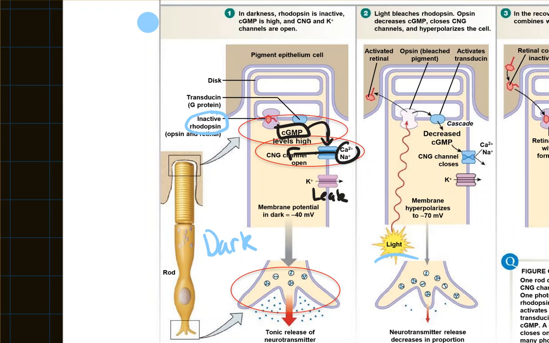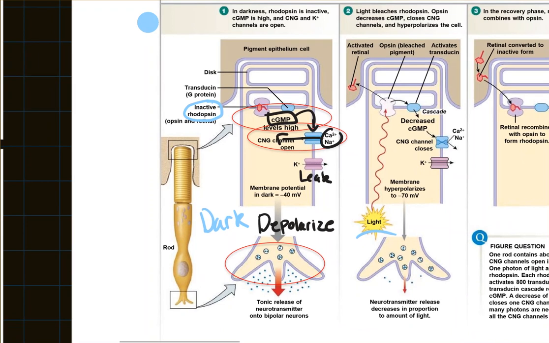Potassium will naturally and slowly leak out of the cell, but when the CNG channels open, the influx of calcium and sodium is faster than the efflux of potassium, and the net result is depolarization. And again, this is a photoreceptor, so this is a special sensory receptor. This is not an action potential, this is actually a receptor potential.